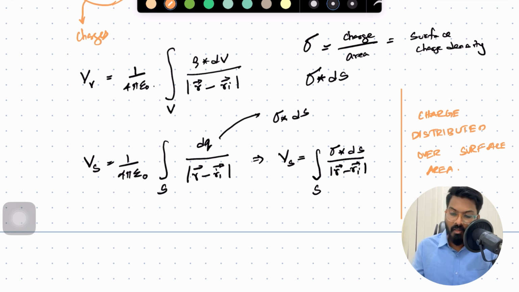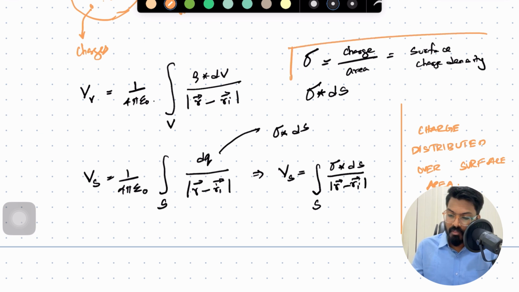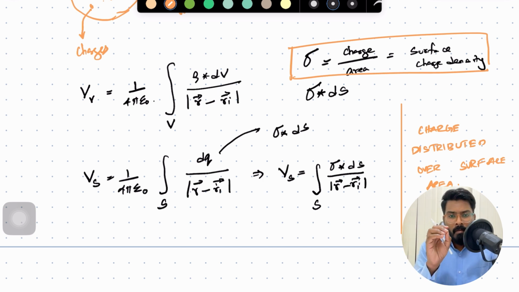Let's remember the key thing which we have learned here, the surface charge density. We are using sigma for that. So we computed the potential due to volume, and we computed the potential due to the surface.